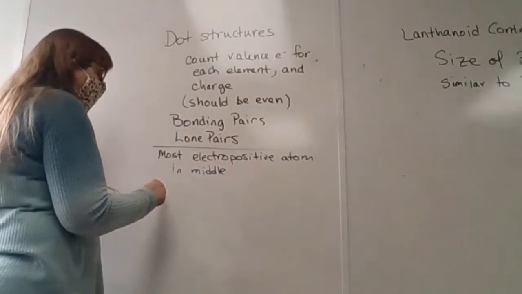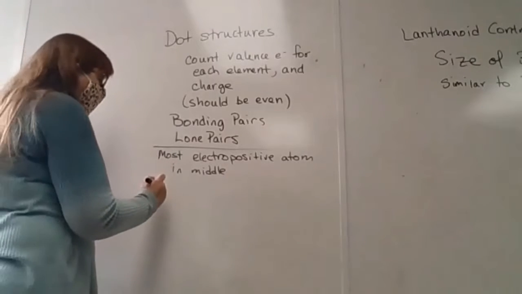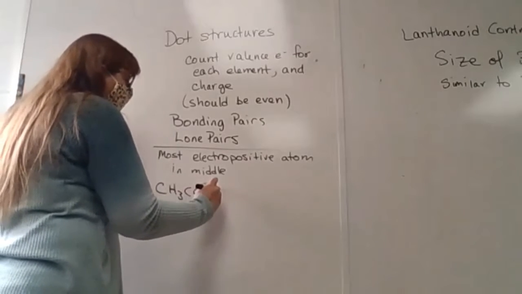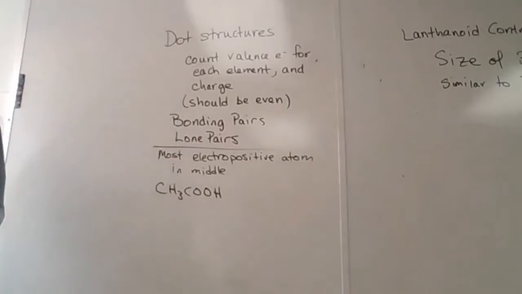So if I were going to write, the one I often do is CH3COOH. You may know what that is. Acetic acid, which is found in vinegar.